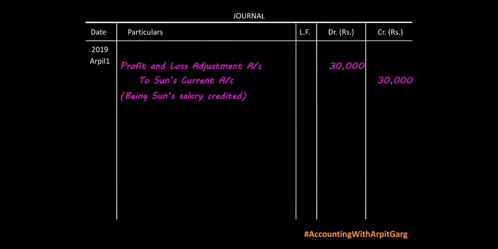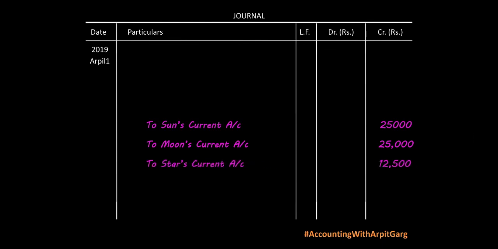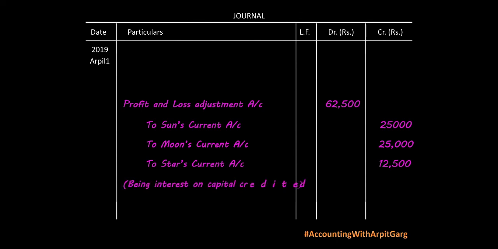Then interest on capital is to be allowed. So to Sun's current account 25,000, to Moon's current account 25,000, to Star's current account 12,500. We will give them and debit profit and loss adjustment account with the total to make the double entry. Then narration: being interest on capital credited.